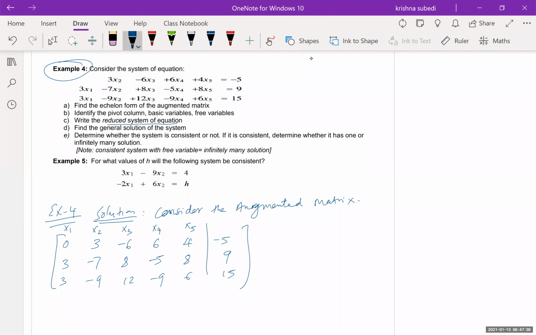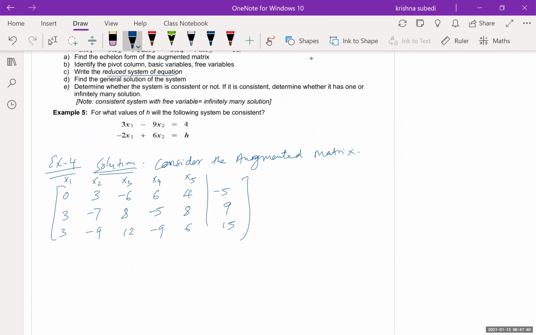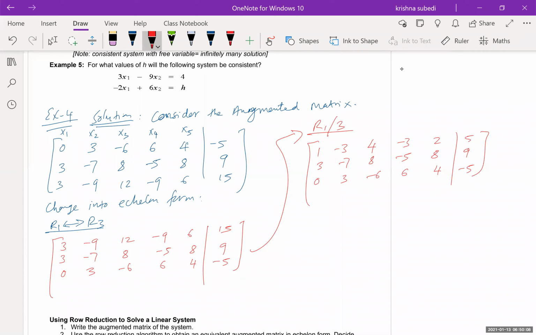All right. Please change it into echelon form. In order to change to echelon form, the first thing you may want to do is interchange R1 and R3.